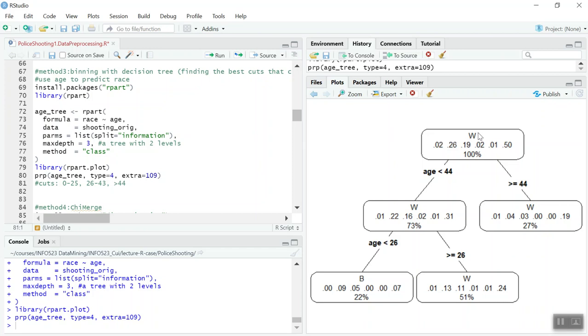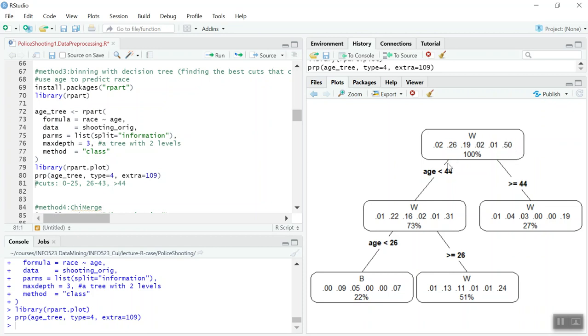This shows that this is our initial data set, with 100% of the data set shown here, and this series of numbers gives us the distribution, the percentage of different races in the data set. If we don't have any other information, if we only have this node, then the algorithm is going to predict the victim is white, because white occupies the greatest amount of victims.